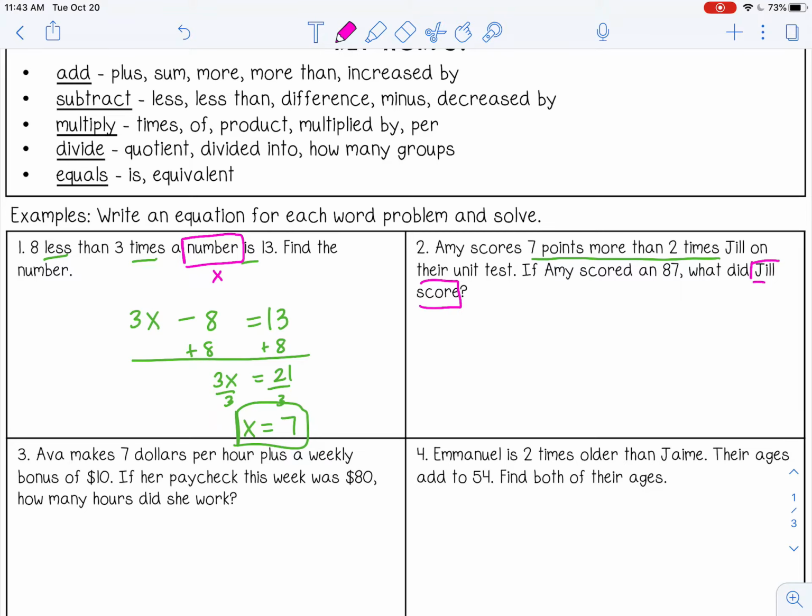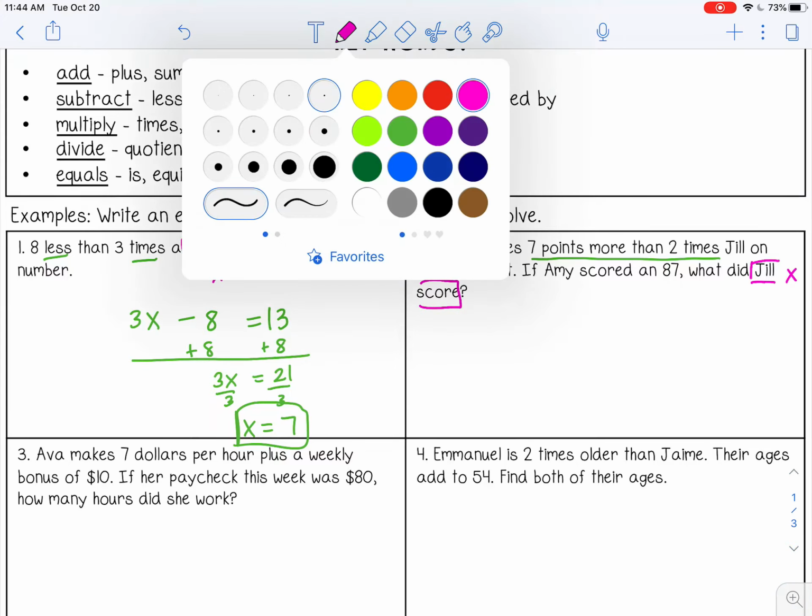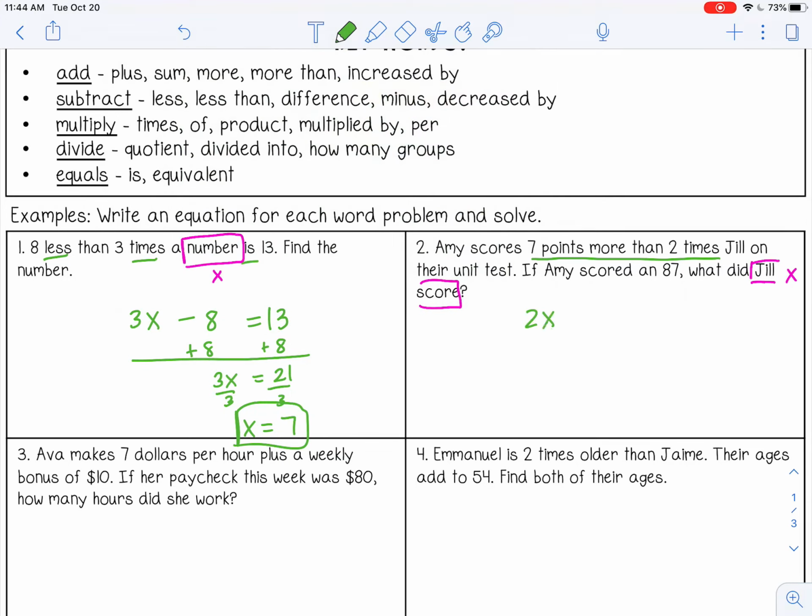That's our x. And Amy scored 7 points more than means add, 2 times Jill. 2 times means to multiply, so we know it's 2 times x. And then 7 more, plus 7. And that is equal to 87, which is what Amy scored.